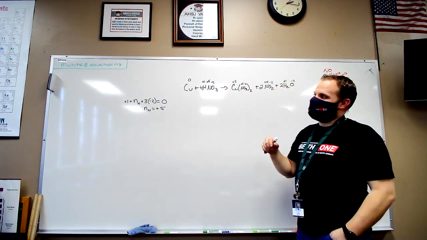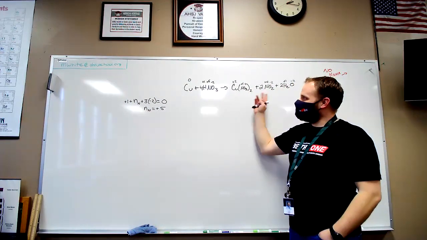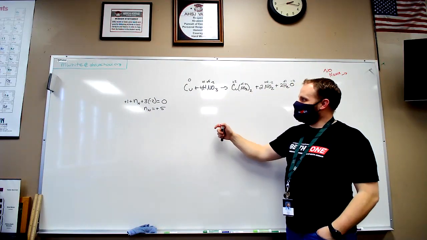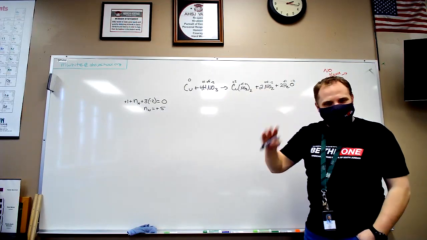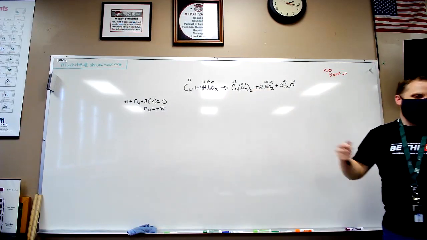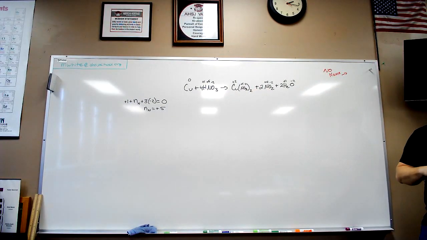The first thing we did was say, okay, we need 2 of these for every 1 of those. So we put a 2 there and a 2 there. And then once we have that, balancing the rest is actually pretty straightforward.